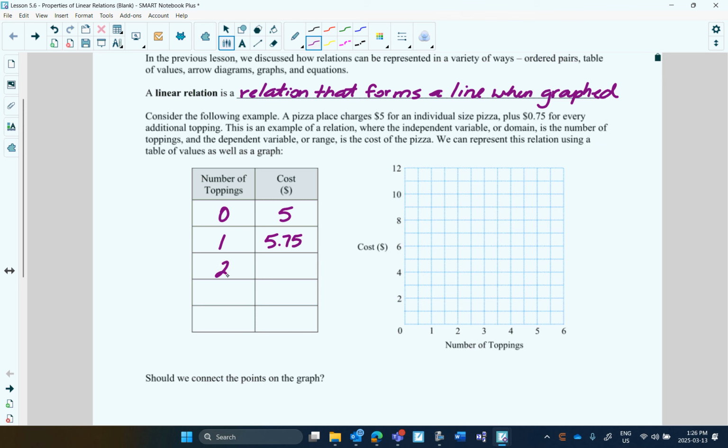Two toppings, $6.50. Three toppings, $7.25. Where are those math money skills from middle school? Four toppings, $8.